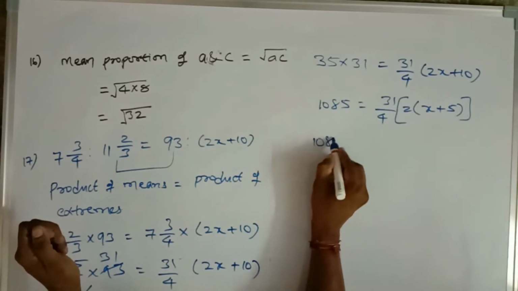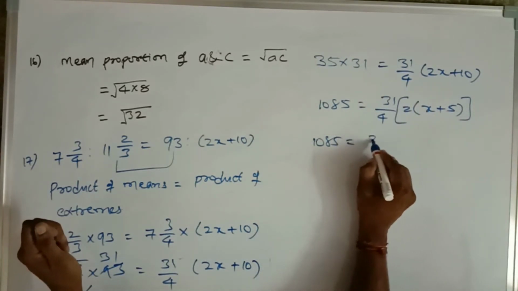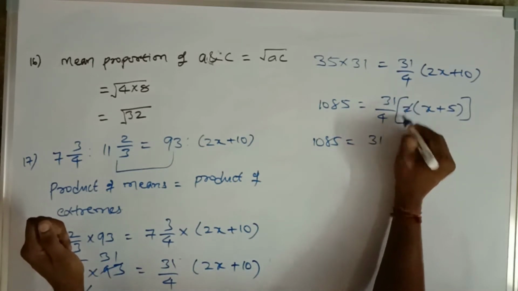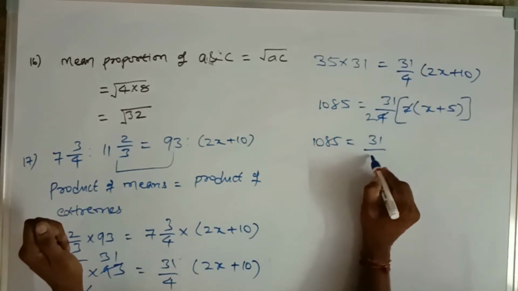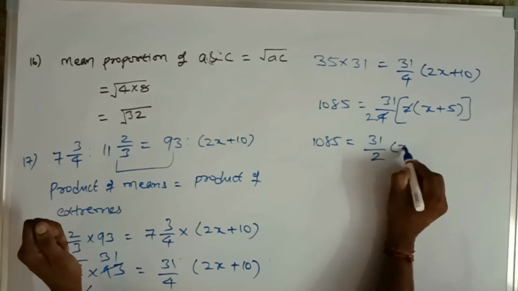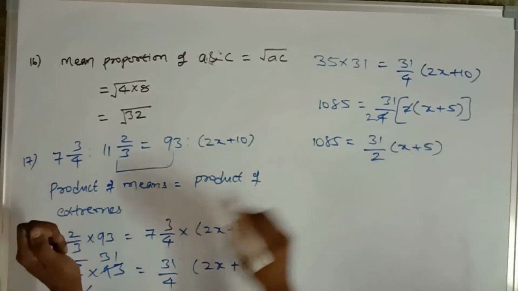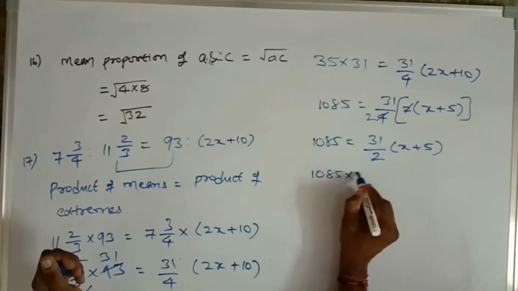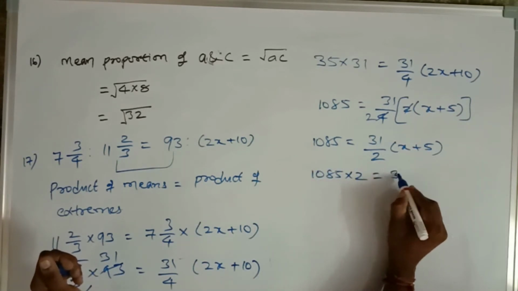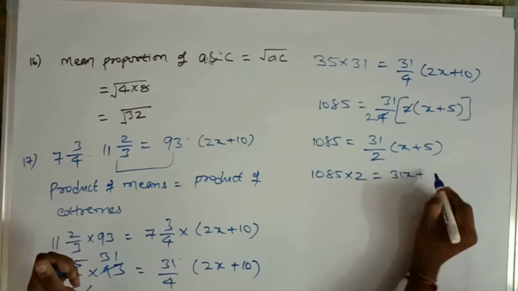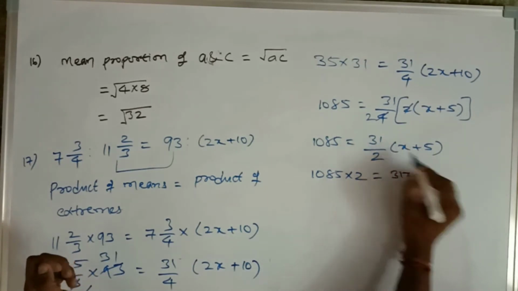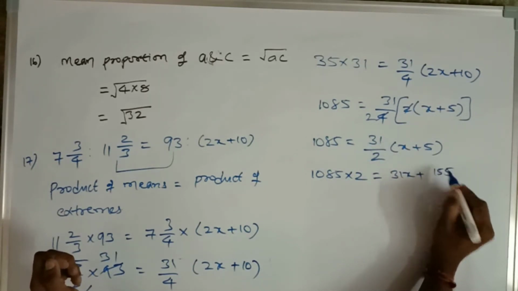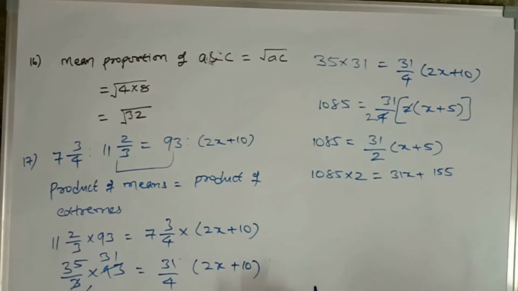So 1085 is equal to 31 by 2 into x plus 5. Now do the cross multiplication. 1085 into 2 is equal to 31 into x is 31x plus 31 5s are 155.